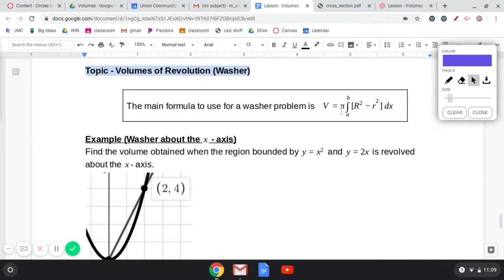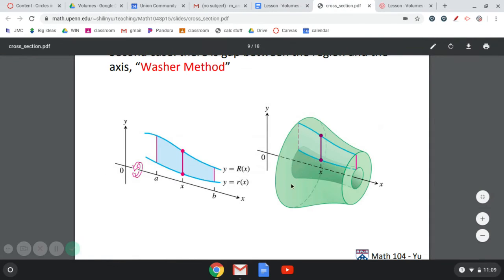So the volume is pi times the integral of the big R squared, which is your top radius, your top bound function, minus your lower radius, your lower bound function, squared, dx. And keep in mind this dx is when you are slicing vertically. So these slices get smaller and smaller relative to the distance x.